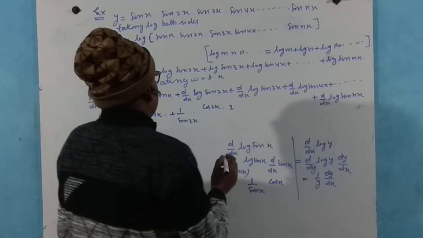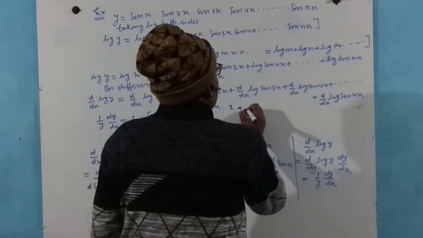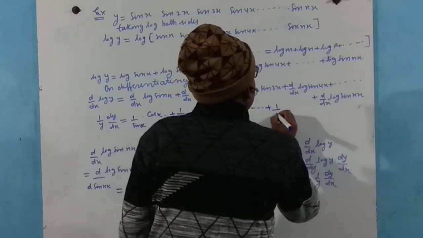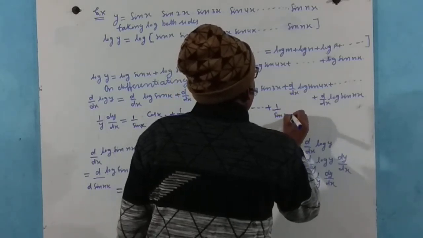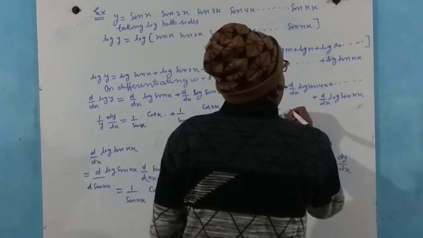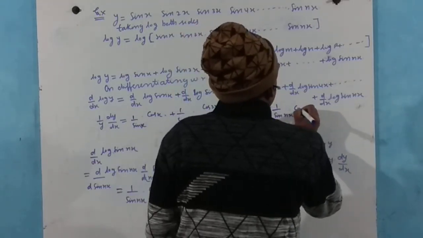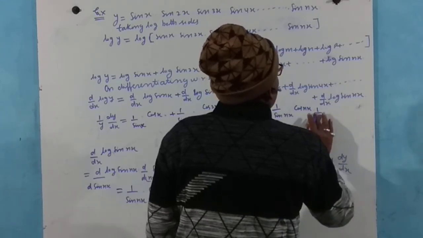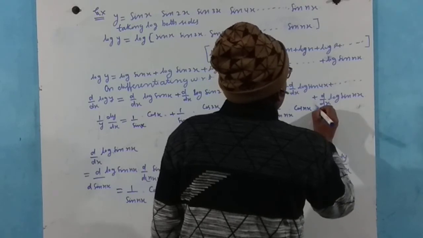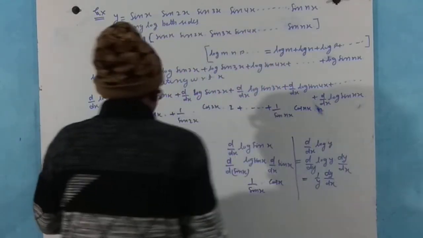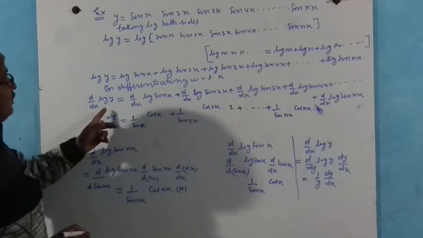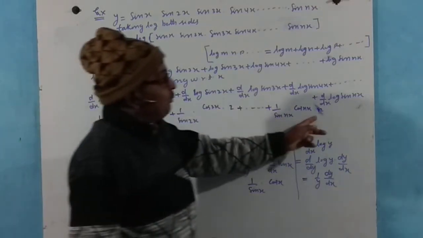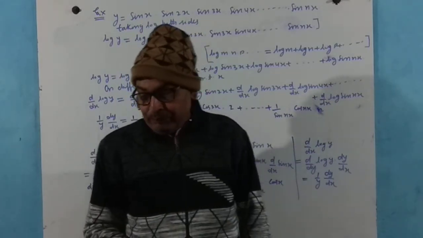So this can be written as 1 by sin nx, times cos nx, times n. Now we can calculate dy by dx equal to y times the sum of such terms.